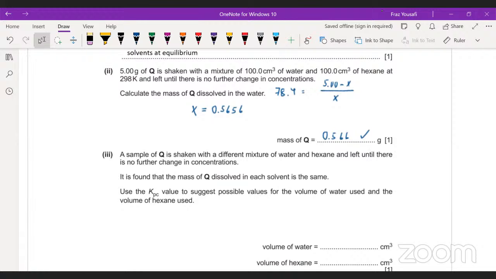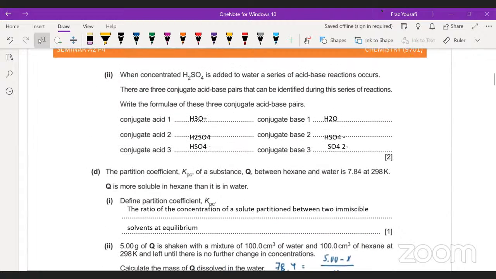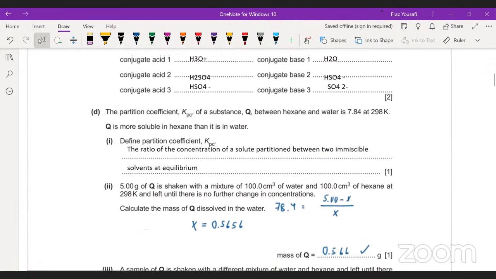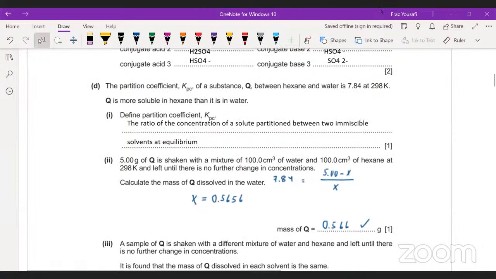They said that in this particular expression, you got 7.84. What is this saying? It's saying that when you dissolve the substance in the organic solvent, it's 7.84 times greater in solubility than it is within the water itself.